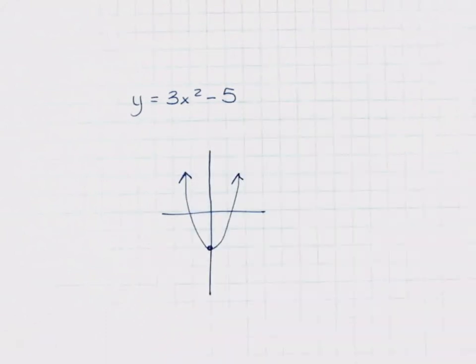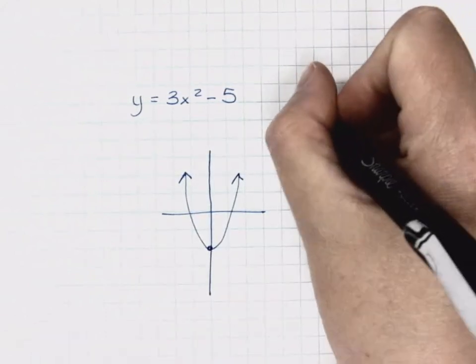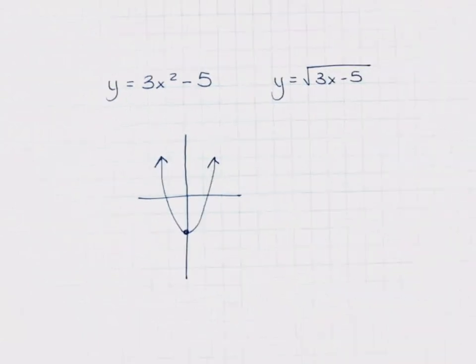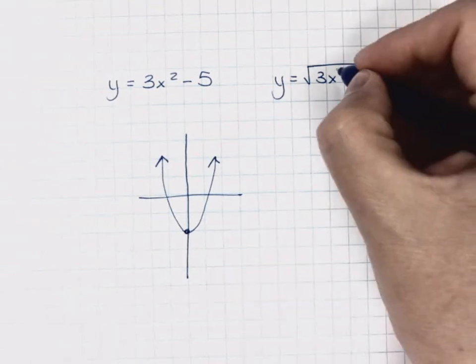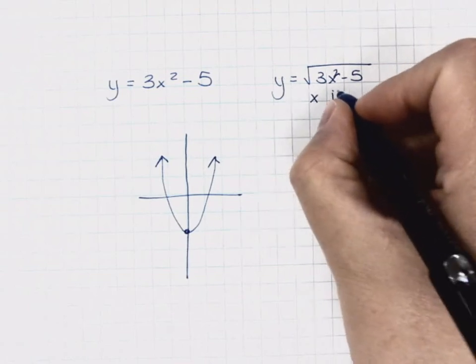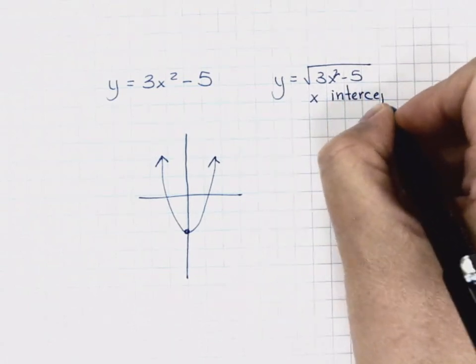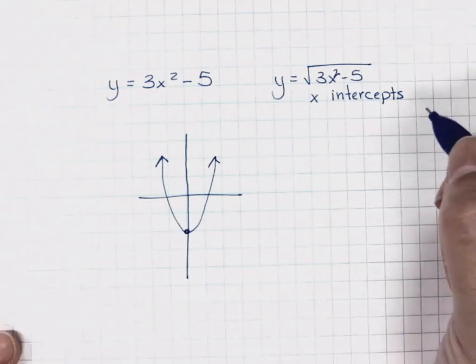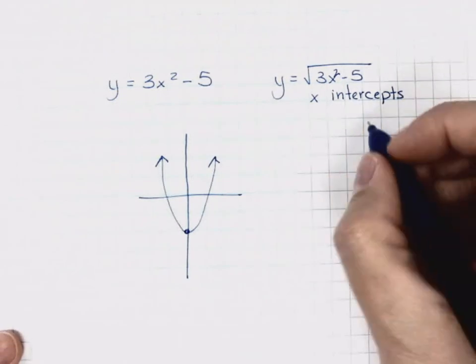If I were to do the root graph of this, what would be important to help me do this? X-intercepts. That's just algebra, okay? So we could do that.